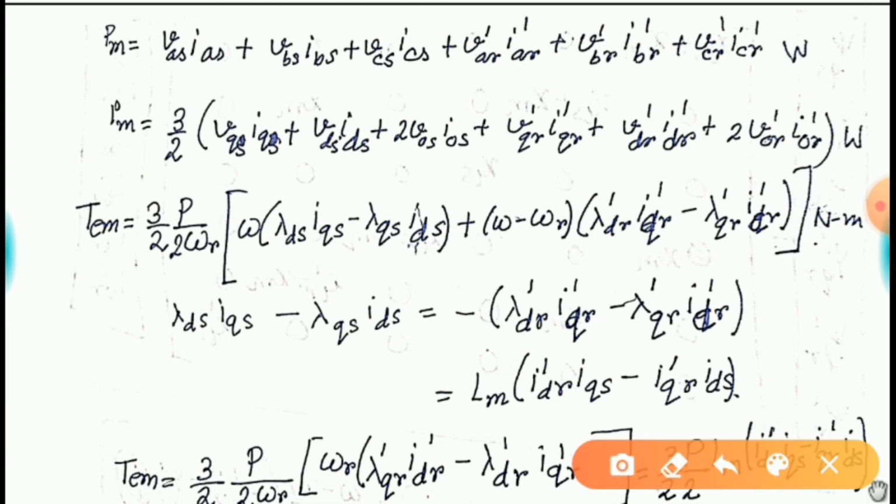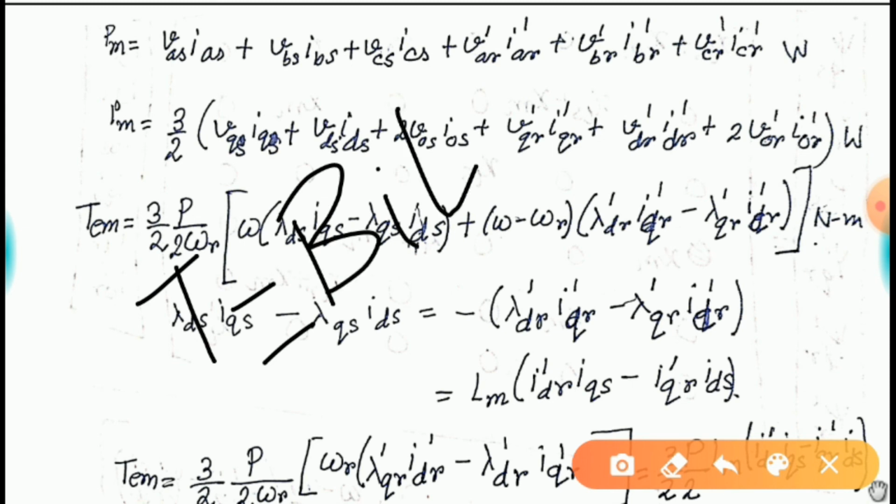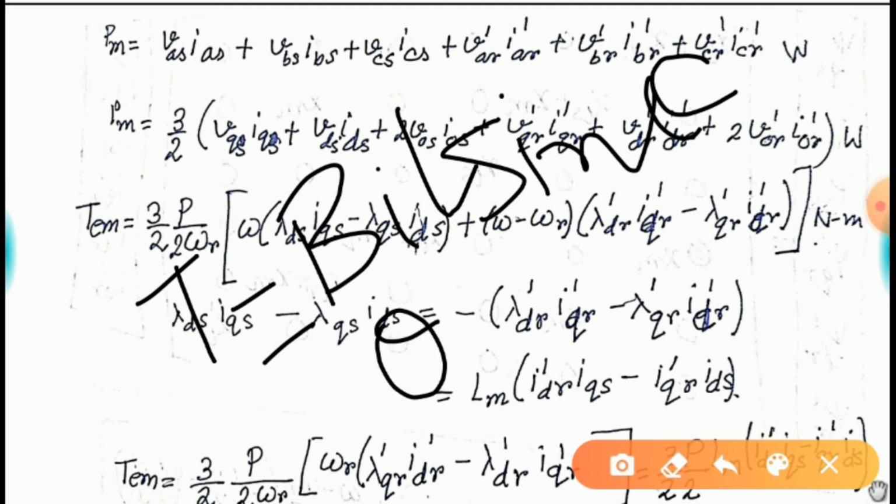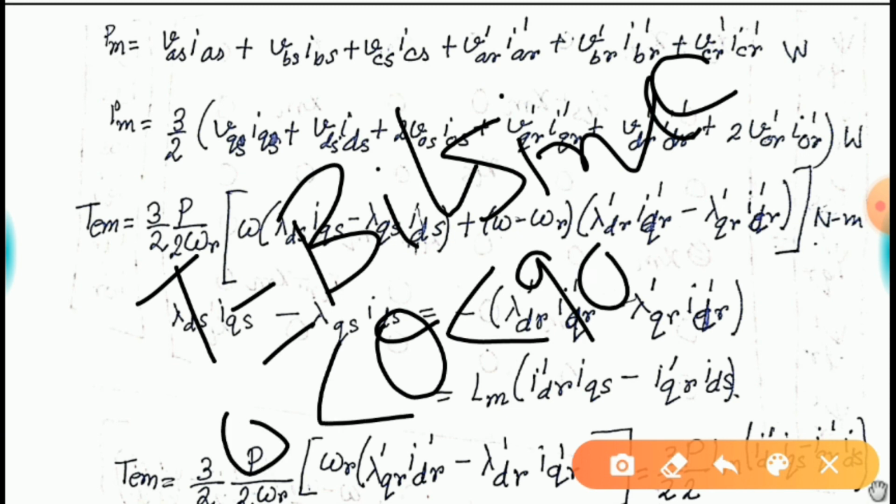Even if they are not in quadrature, the closer we keep them to 90 degrees, the higher the torque we get. That formula we all know; I already discussed it in synchronous machines. It is the simple BIL sine theta. If theta varies from 0 to 90 degrees and theta becomes small, then the whole torque becomes small.